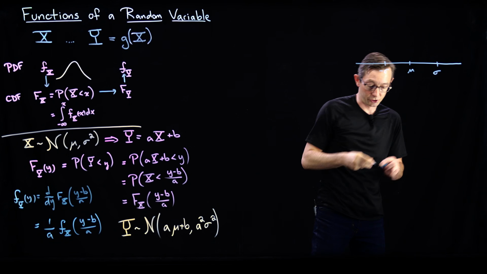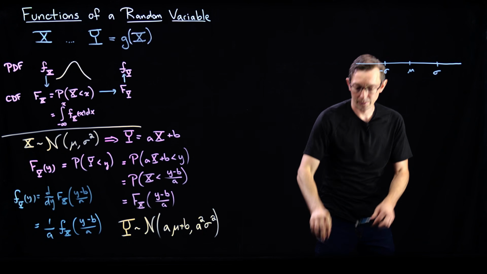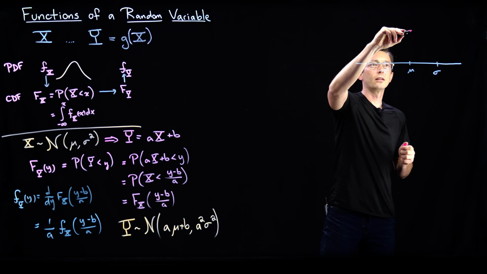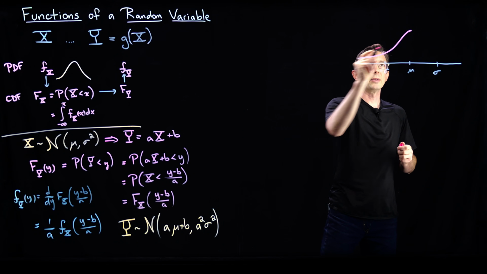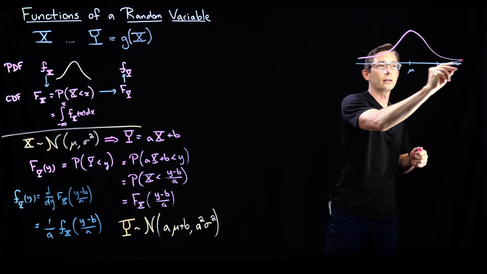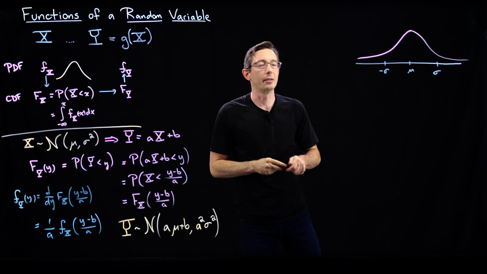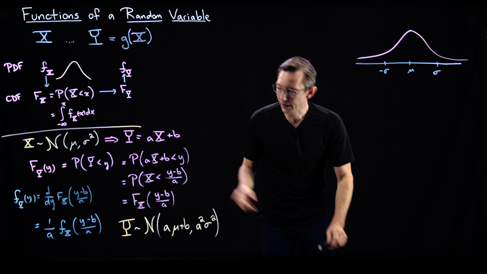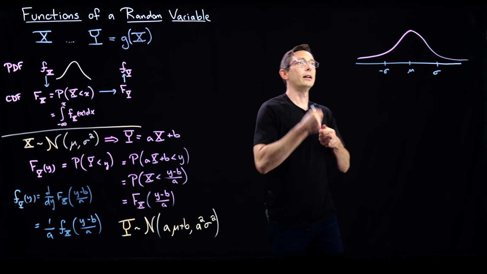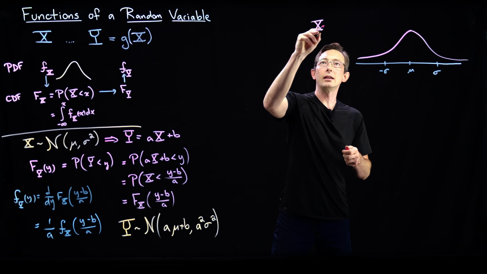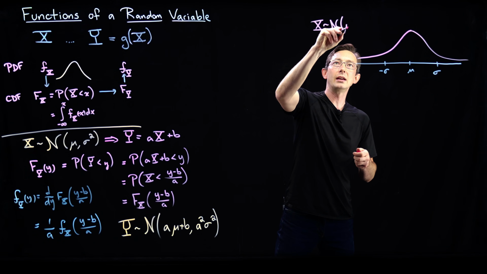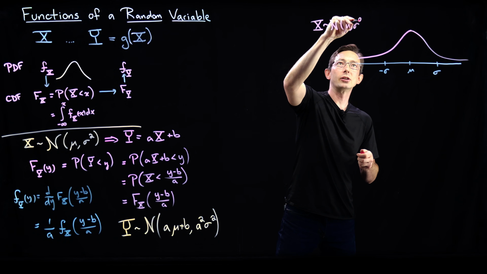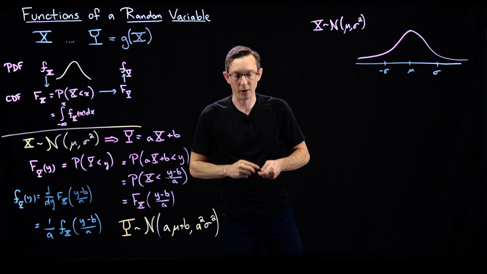So I'm going to try to draw my PDF here. Okay. So I've got my PDF, symmetric. Not a great drawing, but it's fine. And this variable, let's say, x is normal with mean mu and standard deviation sigma, or variance sigma squared.